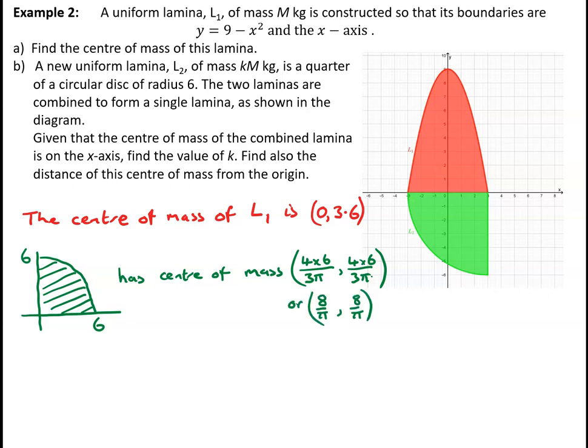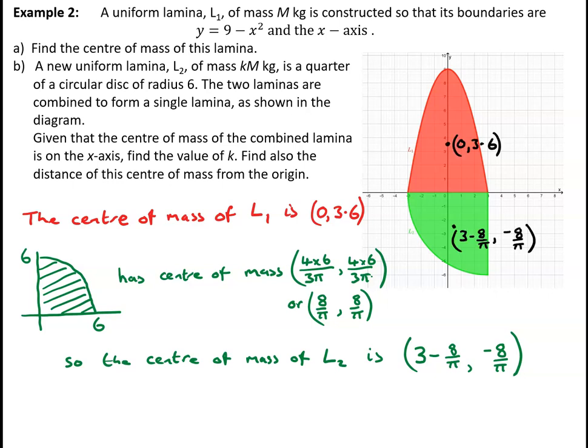So for the centre of mass of L2, if we first do a rotation by 180 degrees and then a shift of 3 units in the x direction, the centre of mass of L2 is going to be the point (3 minus 8 over pi, minus 8 over pi). So we've got our two centres of mass.